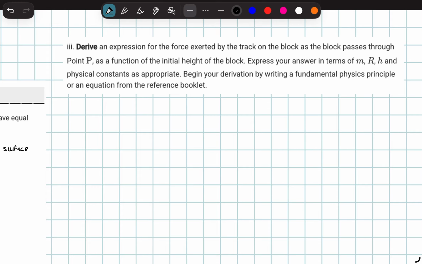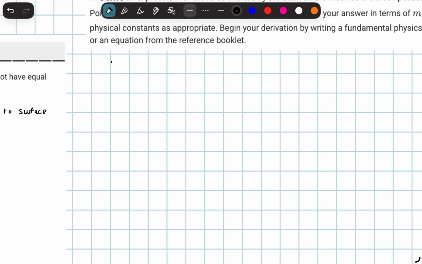So, as we know, at the top of the loop, from our FBD, we know that mg and Fn both point down for the block, and that's towards the center.